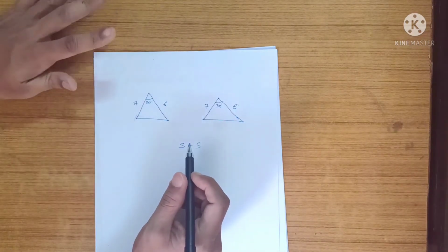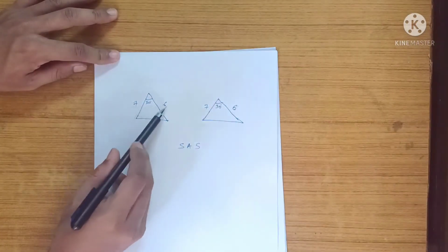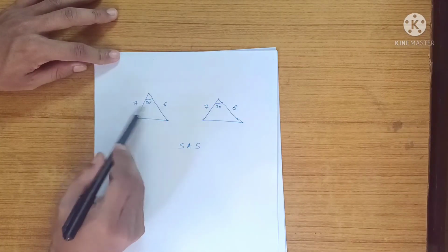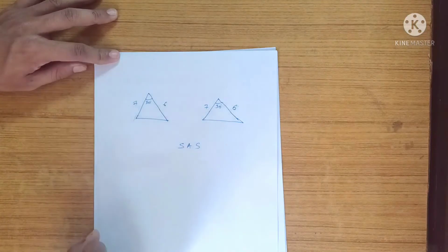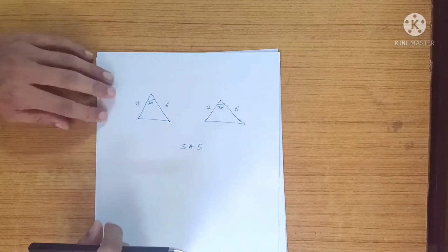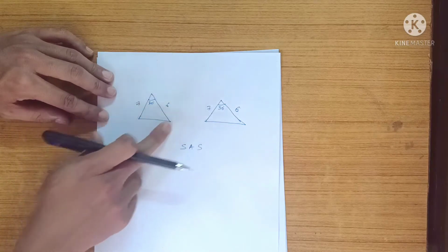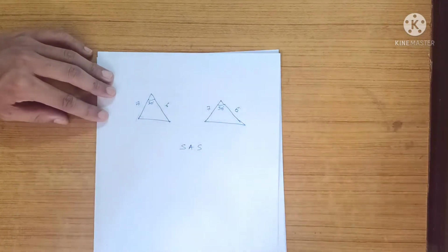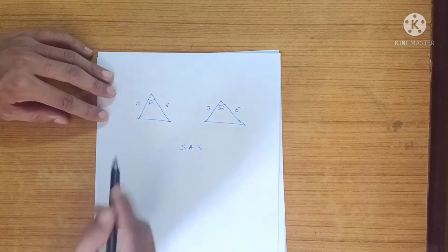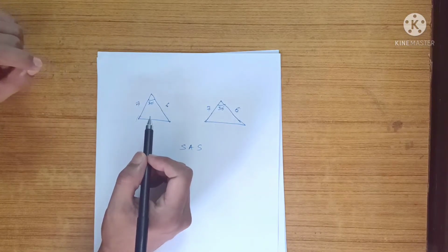Just knowing these three, you could construct a triangle. That's what it literally means. If you take 7 centimeter, then do a 30 degree angle, and then cut a 6, your triangle is complete.